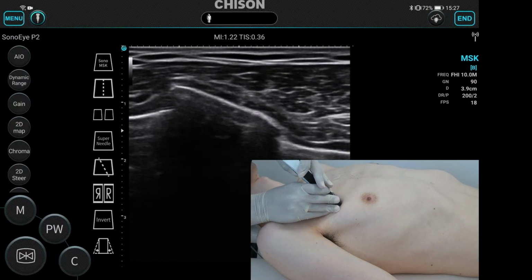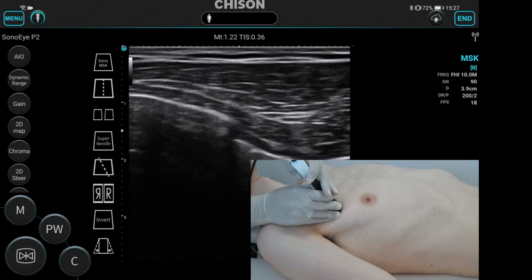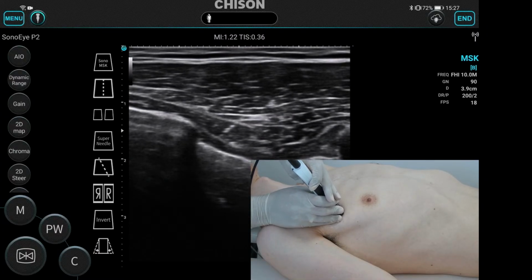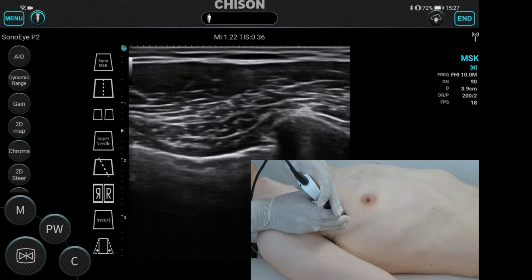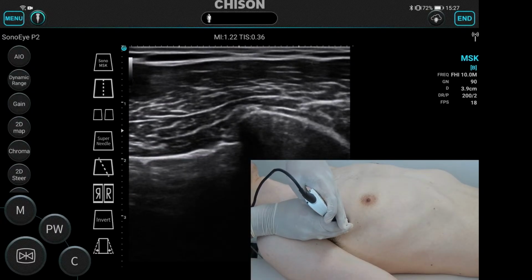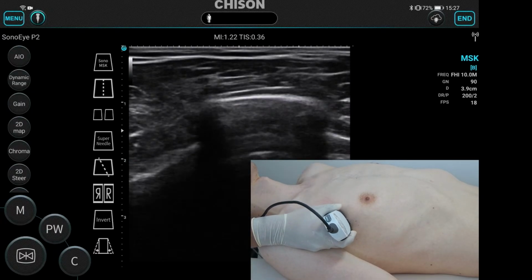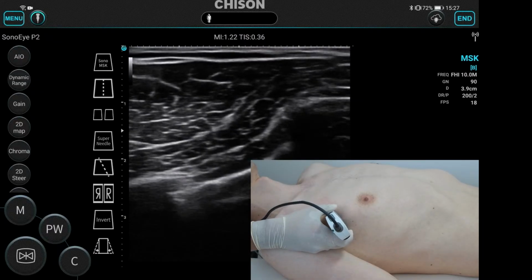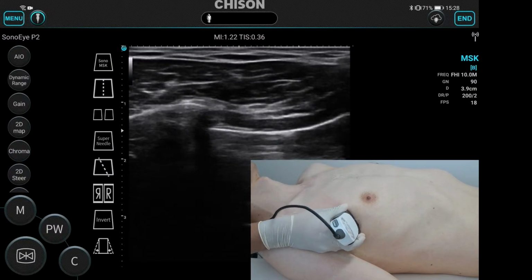Over there, we move a little bit towards oblique. Keep scanning. We can still see the two muscles. Good fascial plane, and at this point now we will be able to see the... just wait.